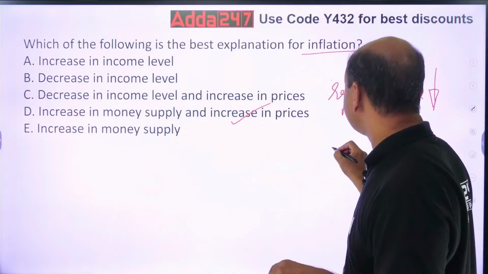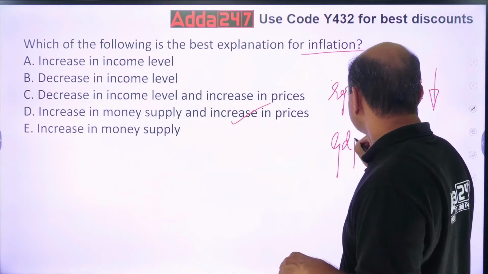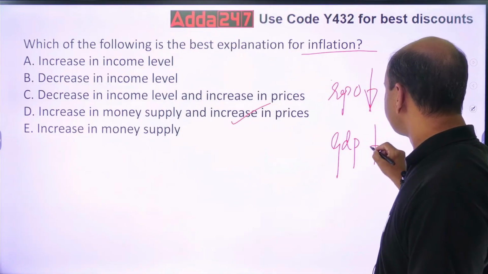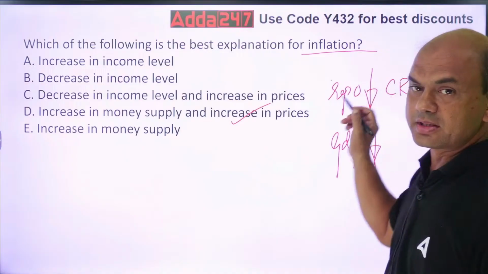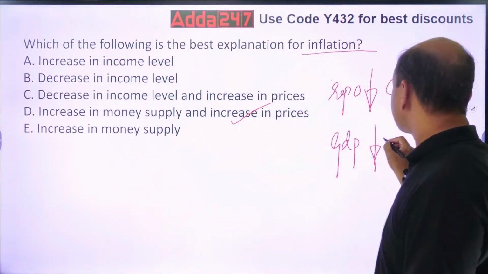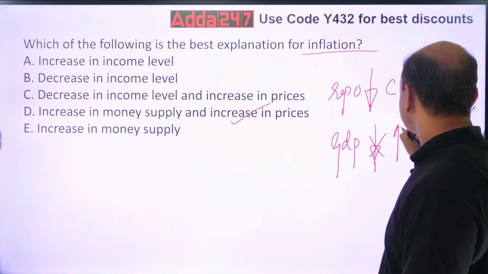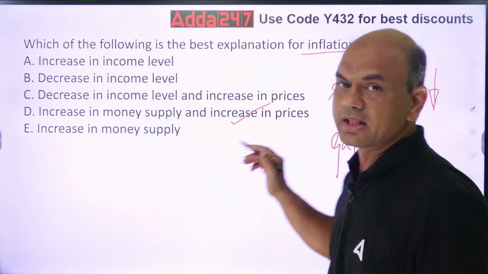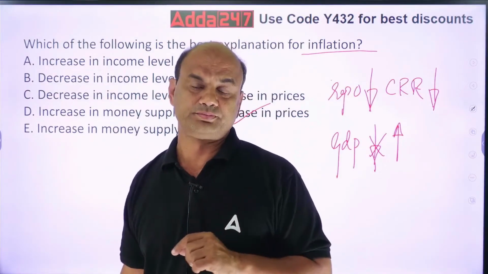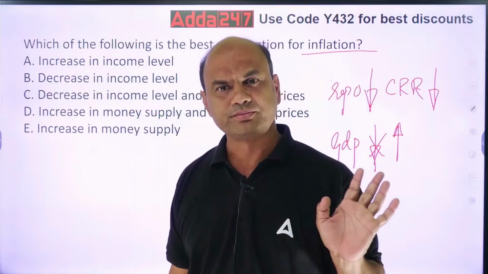Because we are growing GDP. If GDP is also down, and all these three are down, then there will be inflation. But if the GDP is going up and these two are down, then there will be no inflation. But it should be proportionate.